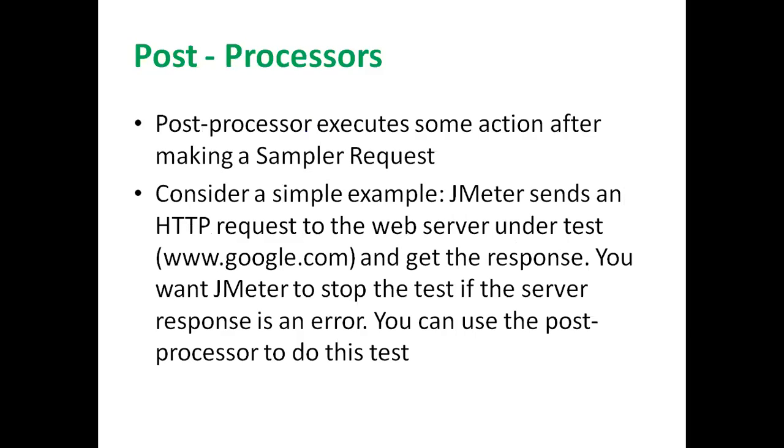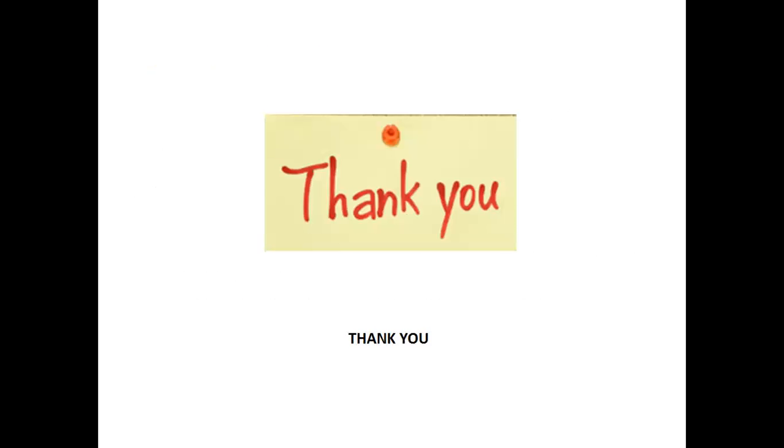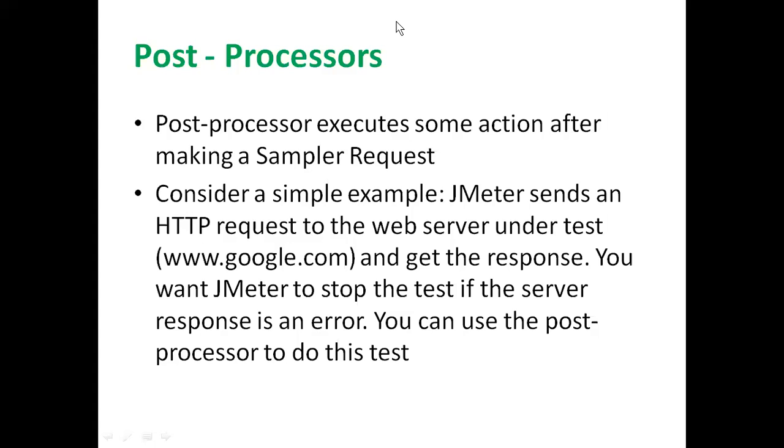And post-processor is nothing but some action executed after making a sampler request. Your sampler runs, after that you will get a response. From that, your post-processor will take an action. So this was about the pre and post processors. So without much delay, I'll just show you a small demo about the application.